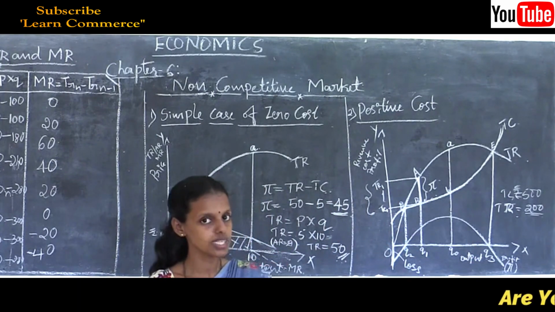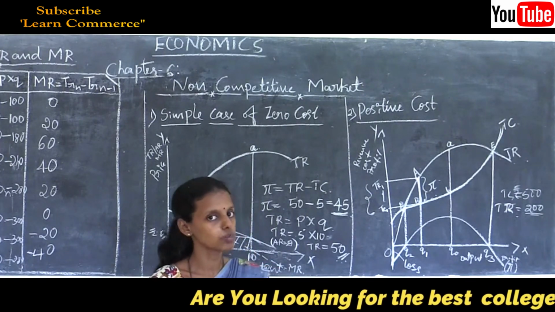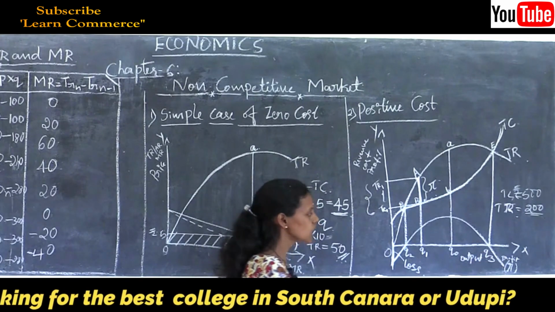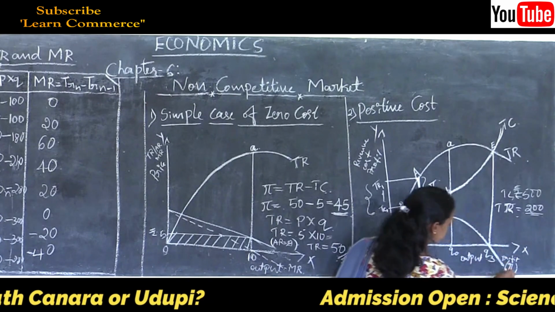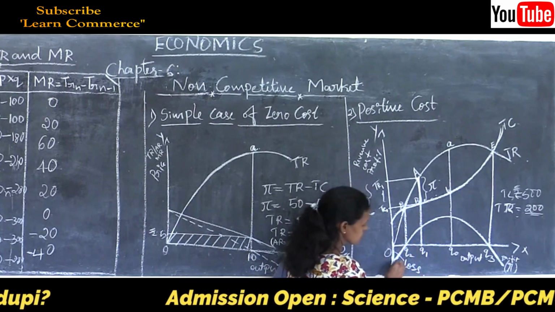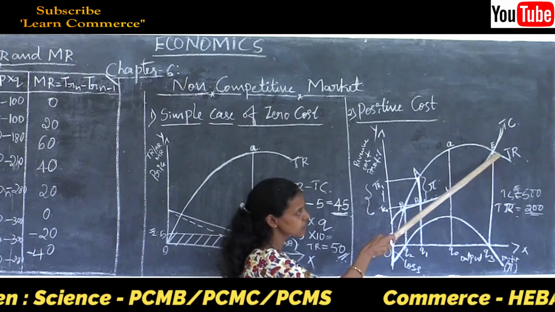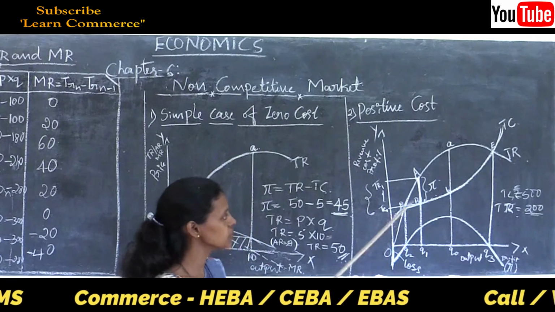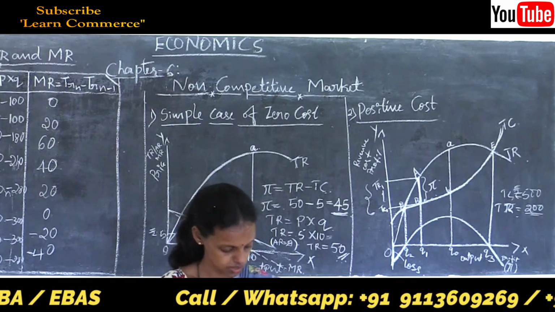It shows that positive cost has a negative impact on the monopoly firm producing the output. It leads to a loss to the firm. This is the profit curve. So only when the TR and TC curves intersect, meaning total cost is equal to total revenue, can we say that it is an equilibrium situation.